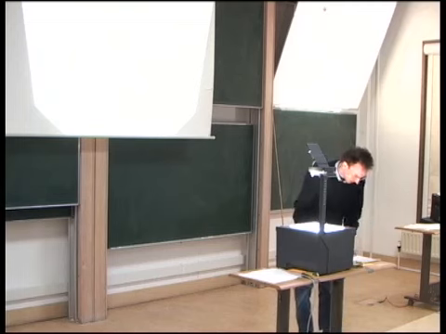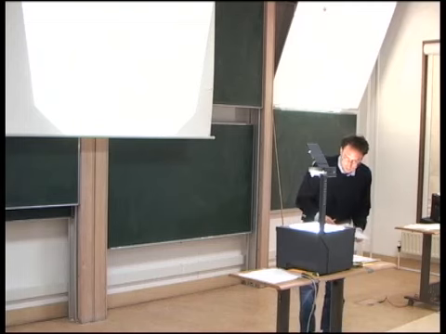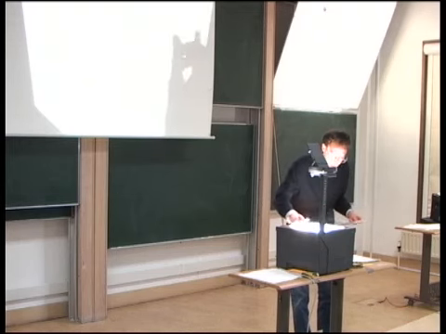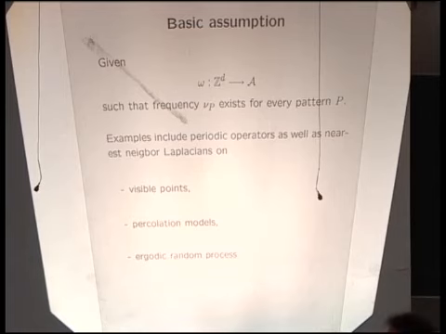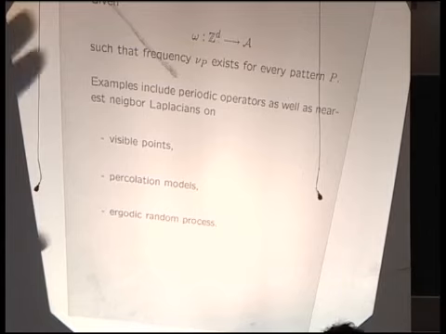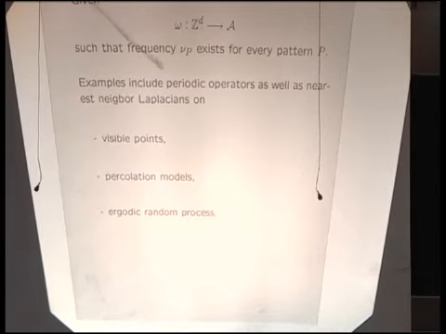Right. So just to repeat, this is our basic assumption. We are given an A-coloring such that the frequencies exist for every pattern, and all the examples I mentioned at the beginning, the visible points, the percolation model, the periodic things, satisfy this.